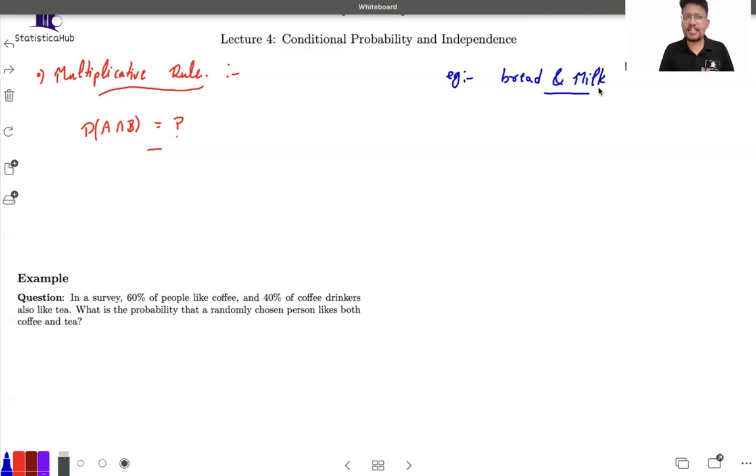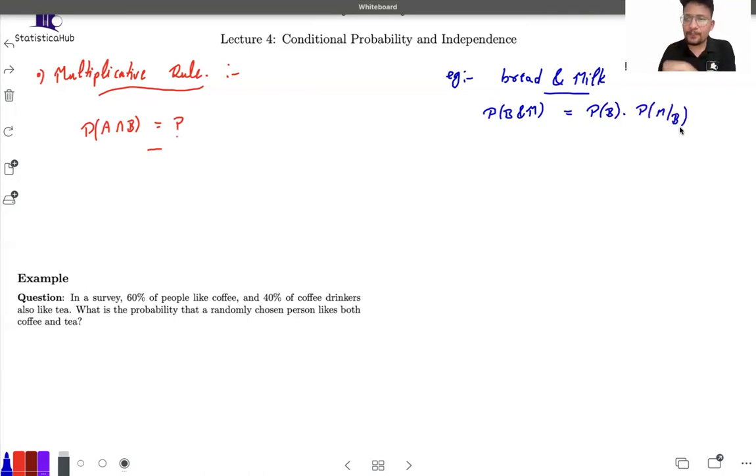If someone says there is some simultaneous occurrence, technically that is never a simultaneous occurrence. Event A just occurred, and after the occurrence of event A, without any gap, the other event happened. So in this setup, if I say I am having bread and milk, it can be probability of bread times probability of milk given that I already had the bread.